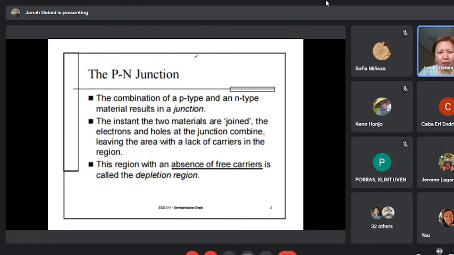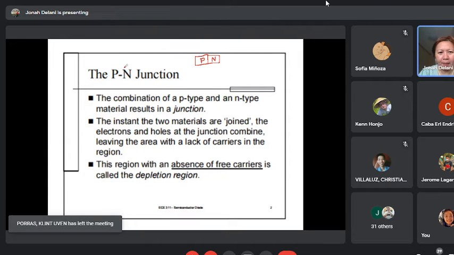If we have a P-type material, and we join it with an N-type material, itapad na to sila. We now have a PN material. Between the PN material, we call it a junction. The combination of a P-type material and an N-type material results in a junction.